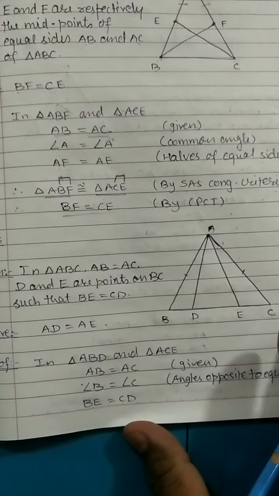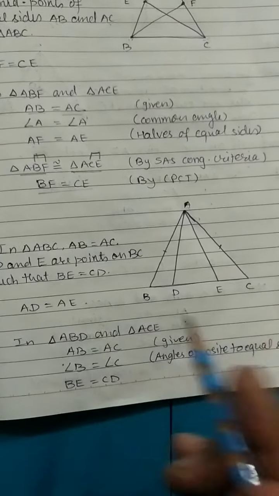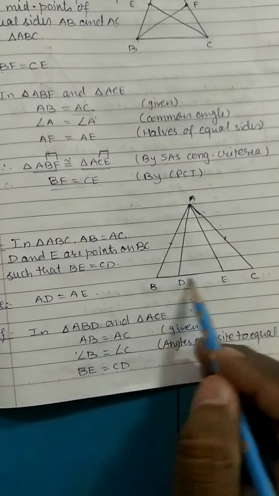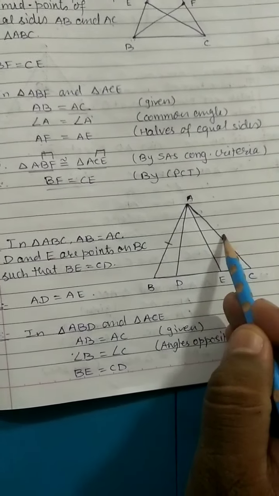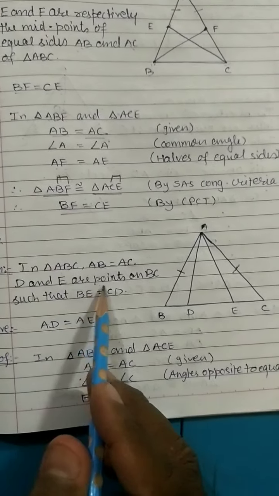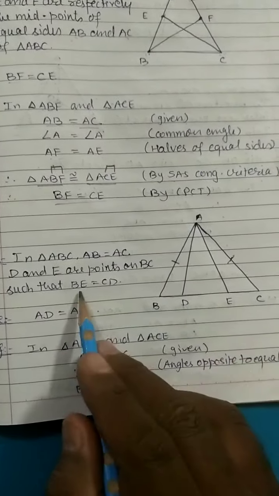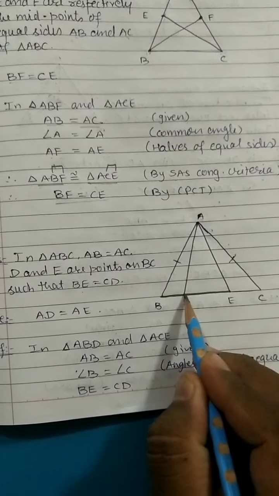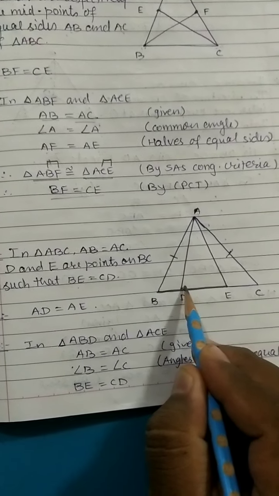Okay. Example number 6. In triangle ABC, AB is equal to AC. In triangle ABC, side AB and side AC are given equal. D and E are points on BC such that BE is equal to CD.